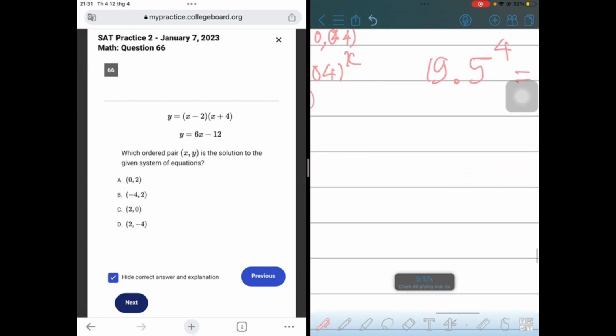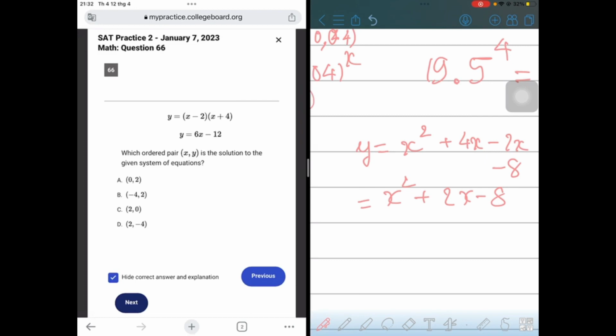This is kind of familiar, right? y equals, we will multiply together (x plus 4)(x minus 2), which is x squared plus 4x minus 2x minus 8, and we will simplify it: x squared plus 2x minus 8.